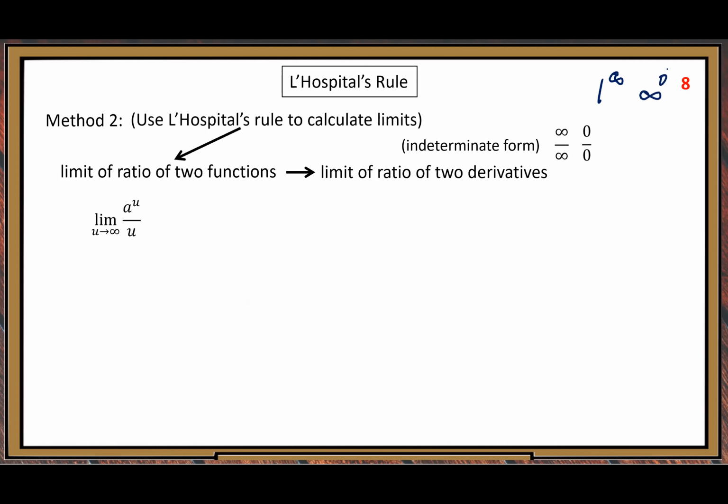In math, there are many different indeterminate forms, but for our algorithms, the only one you need is this one, infinity over infinity.